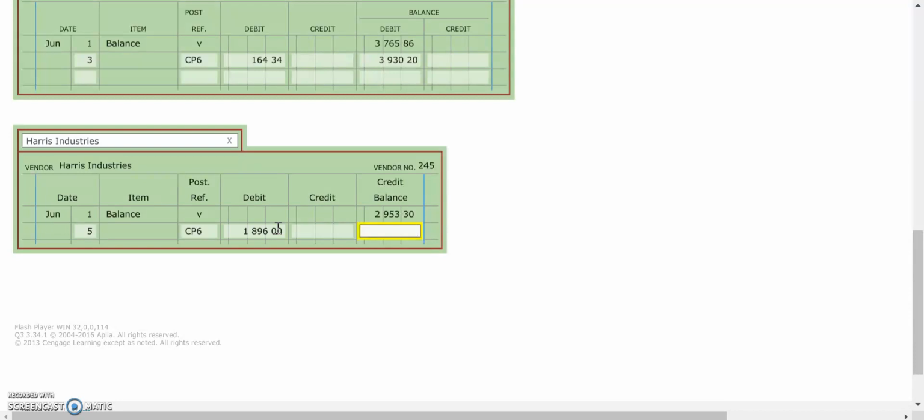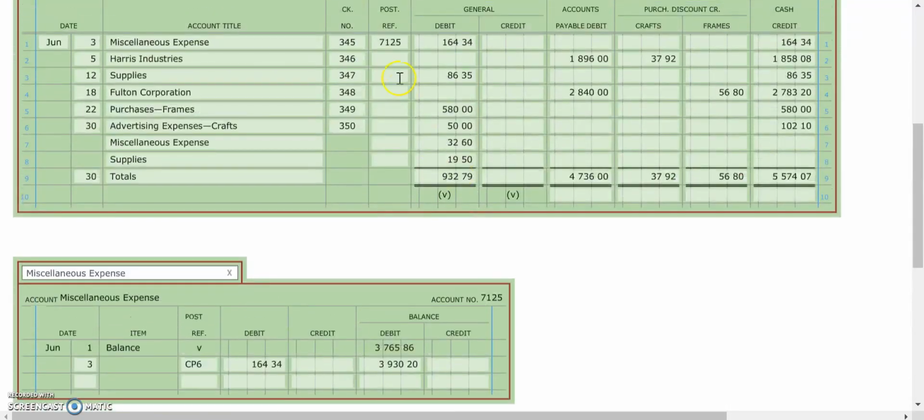Because it's a credit balance, we take the 2,953.20 and subtract out $1,896, which gives us a balance of $1,052. Oh, no, sorry, $57.20. And then we take our vendor number, 245, and bring it back up here and put it in our post reference column.